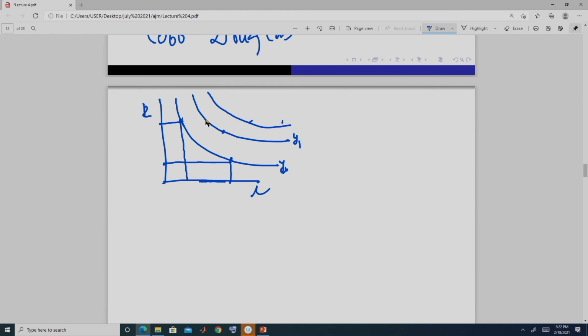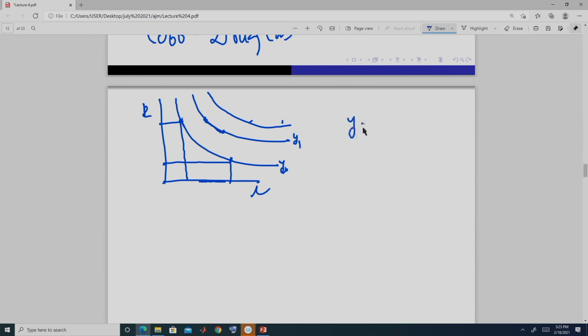Same here, if we move from this to this, we are increasing the use of capital and decreasing the use of labor. So, there is some form of substitutability allowed in this production function. This technology allows us to substitute a bit of capital and labor.